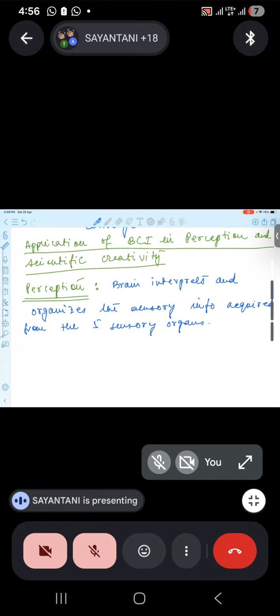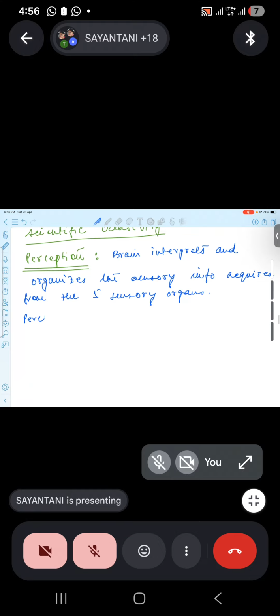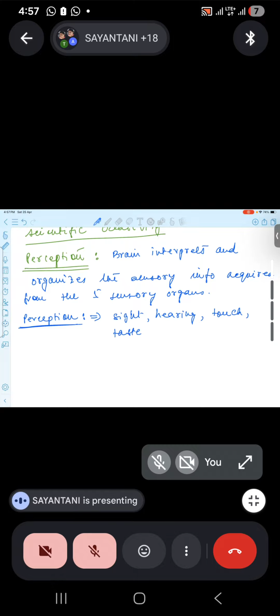So the sensory organs, you know that we have our eyes, nose, tongue, ears, and our skin. So the perception, depending on your sensory organ, becomes basically your sight, your hearing capability, right? Then touch, taste, and smell. So these are your perceptions.